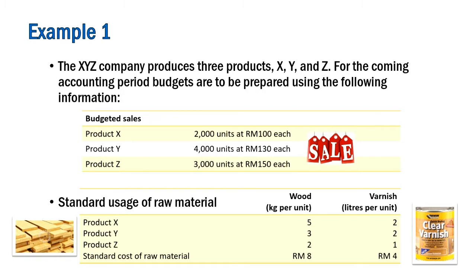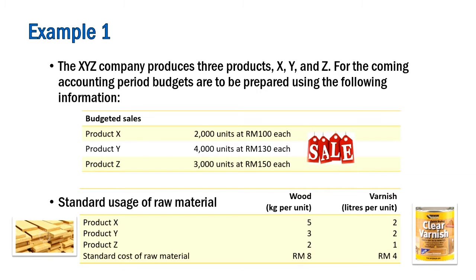So we have the budgeted sales for product X, product Y, and product Z. Product X is supposed to produce 2,000 units, Y 4,000 units, and Z 3,000 units. And these products will be sold at 100 each, 150 each, and 150 each. Okay, so this is all the information about our sales.